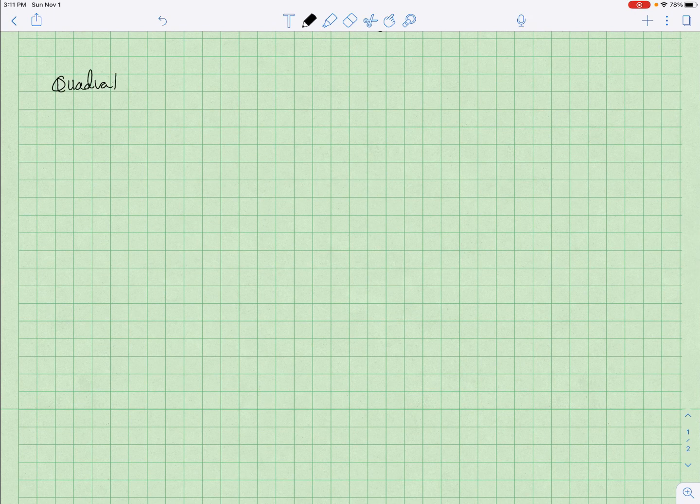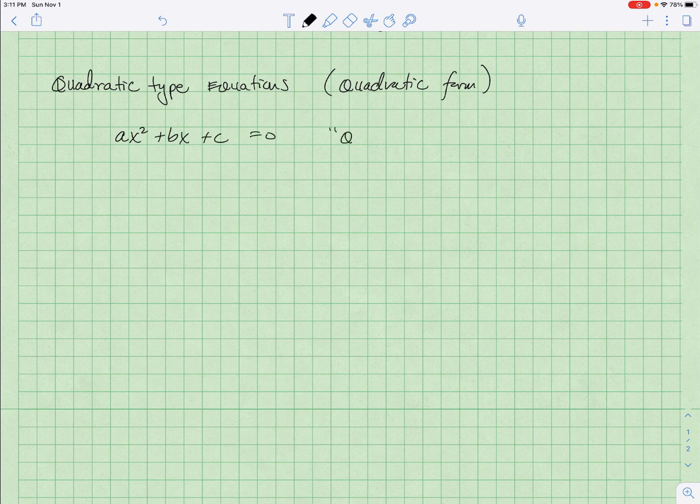Quadratic type equations, or as this section calls it, quadratic form. And what we're talking about is not ax squared plus bx plus c equals 0. This is quadratic.